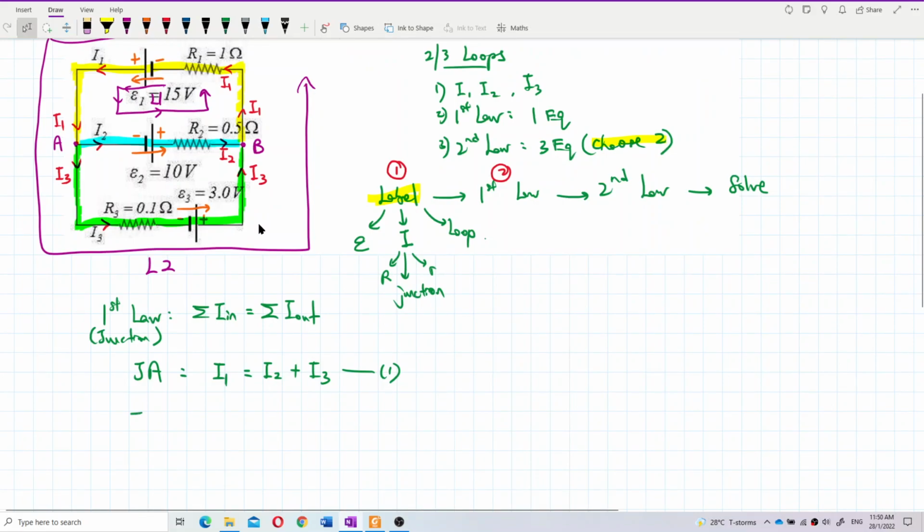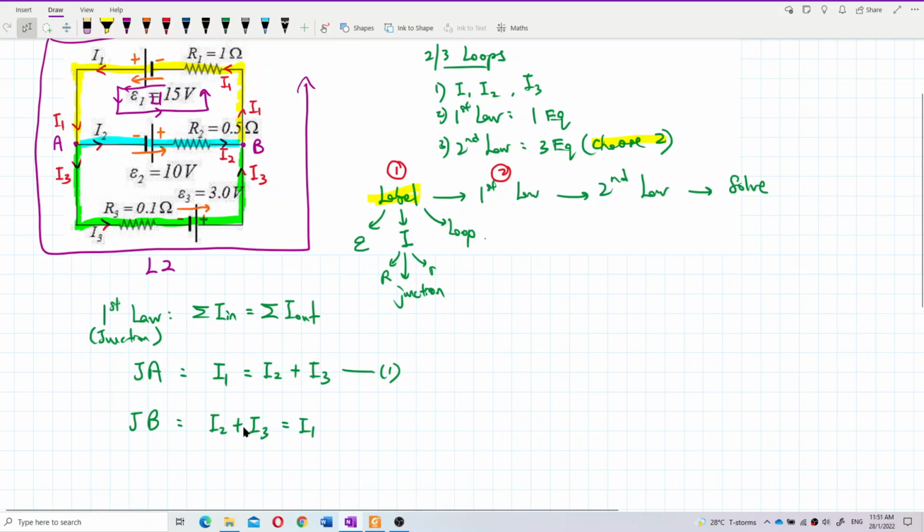If you choose junction B, the current going in is I2 and I3, so I2 plus I3, and the current going out is I1. Is this the same equation? I2 plus I3 equals I1, and I1 equals I2 plus I3. Same, isn't it? So you don't need to do two junctions. Just one junction is enough, because it is a repetition of the equation.